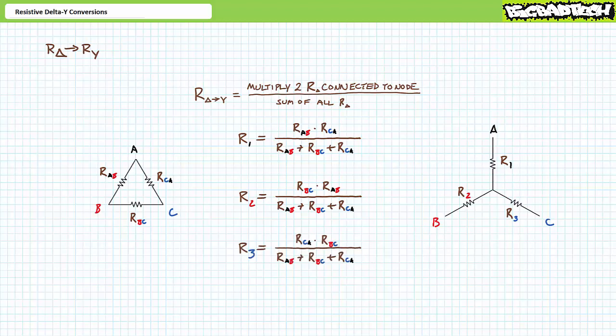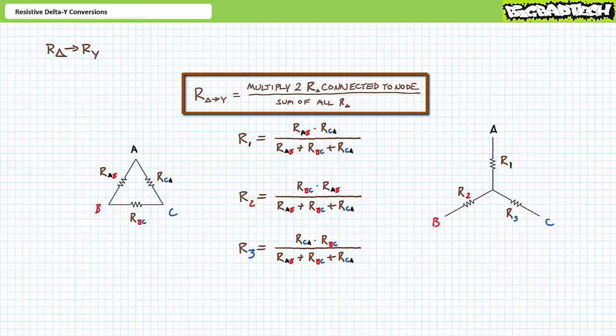Finally, to solve for R3 connected to node C, we would multiply the two delta resistance elements connected to node C. This would be RCA and RBC. Then we would divide it by the sum of all three delta resistance elements, RAB plus RBC plus RCA. Do not remember these three formulas. Remember this formula.